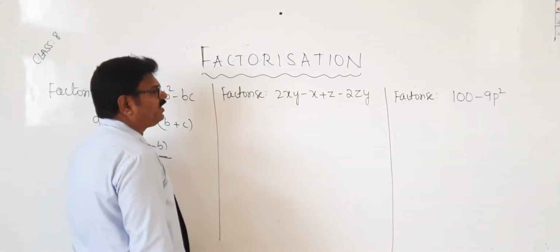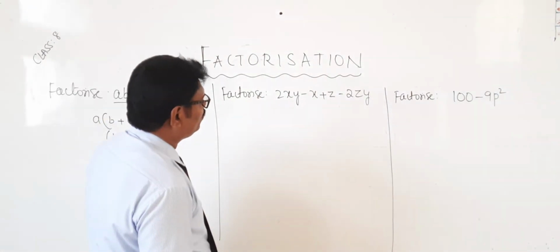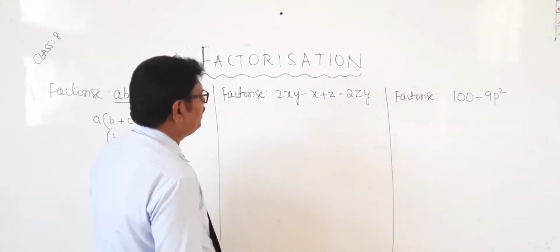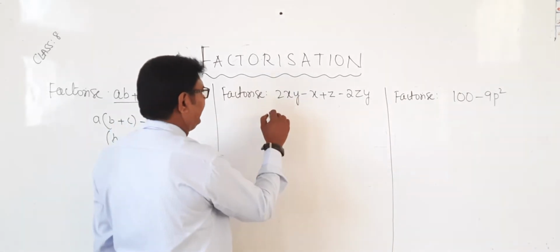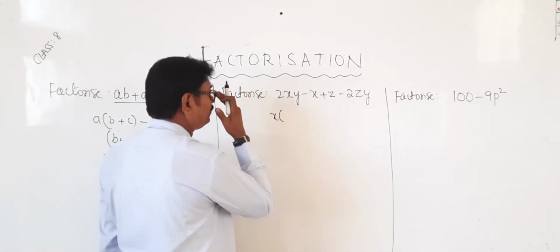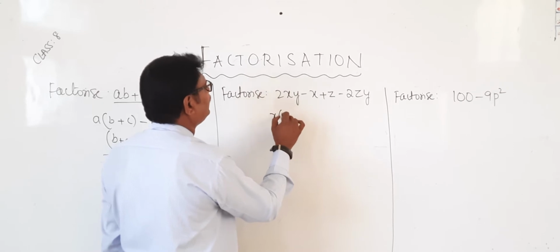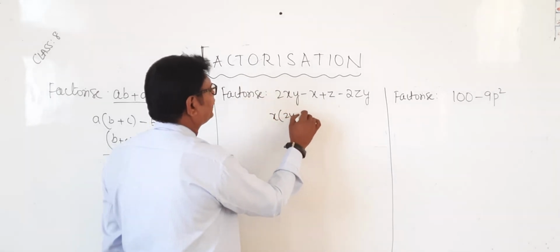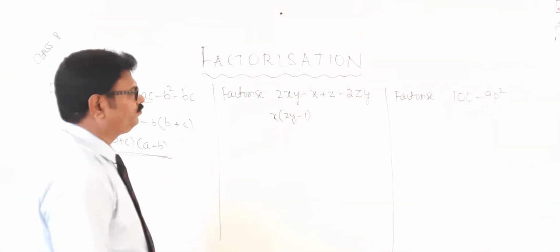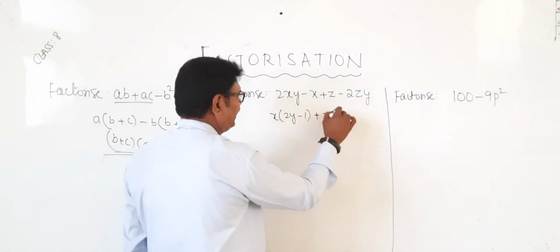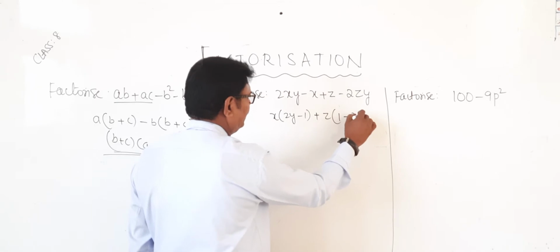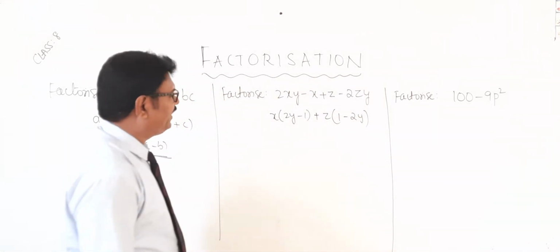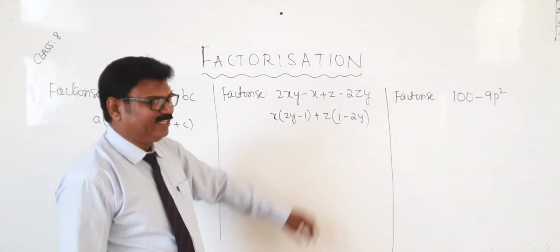Next, come here. Same. However you want, you can take it. How to take this? Okay, we take like this one. X, if you take common, what will be remaining? 2y minus 1. Next, plus z if you take 1 minus 2y. You tell me whether 2y minus 1 and 1 minus 2y both are same?